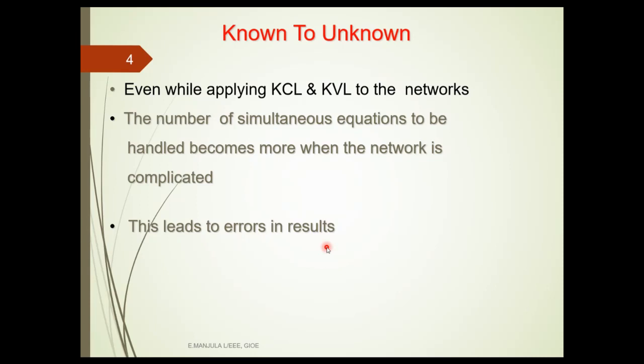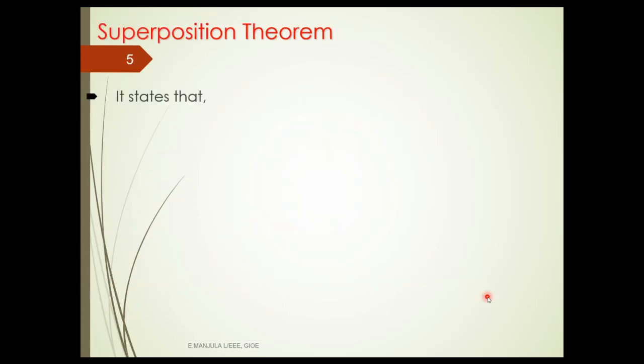We might solve the equations directly using KVL and KCL, but the resulting answers may not be correct. So for very complicated networks where more than one source is used, we will use the superposition theorem.